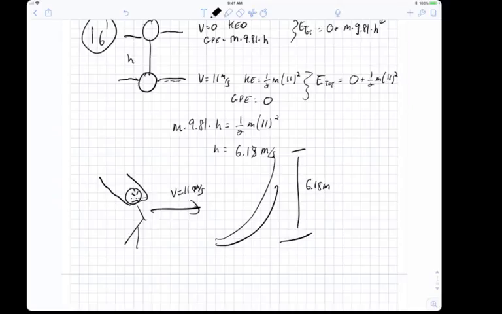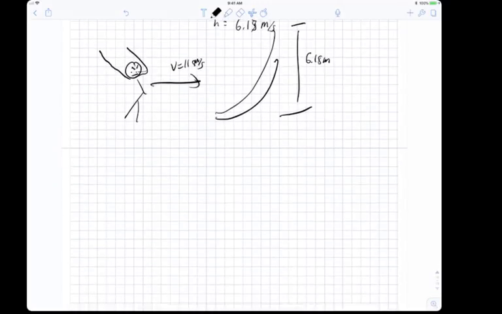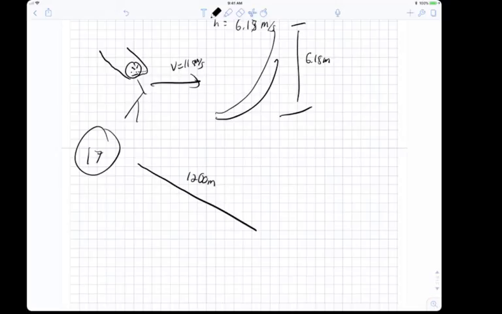Okay, so a 72 kilogram bike racer climbs a 1,200 meter long section of road that's sloped at 4.3 degrees. How much does his gravitational potential energy change?